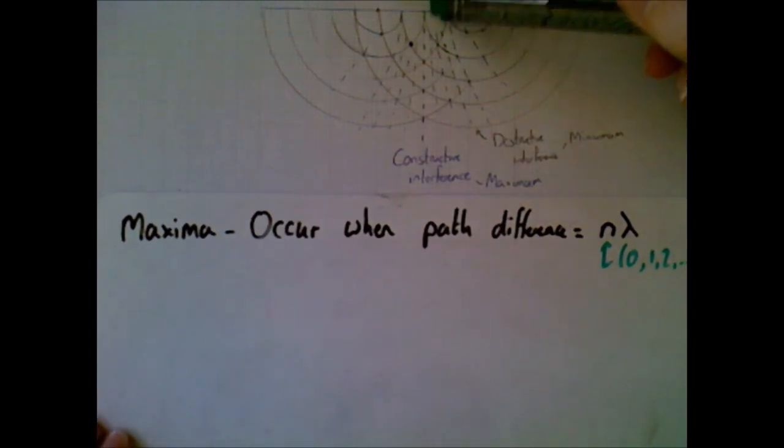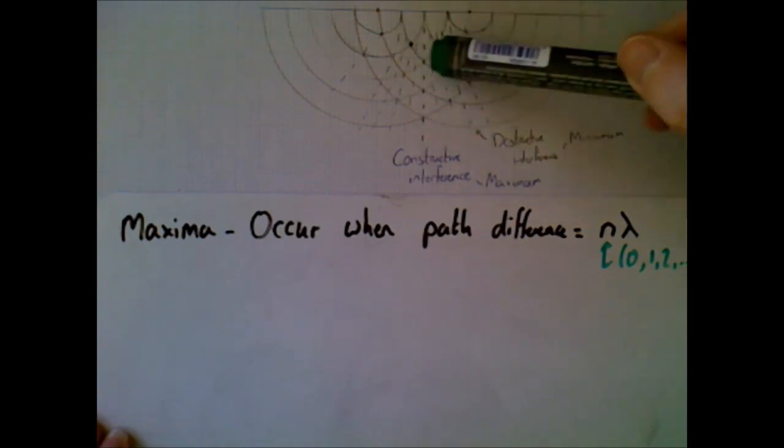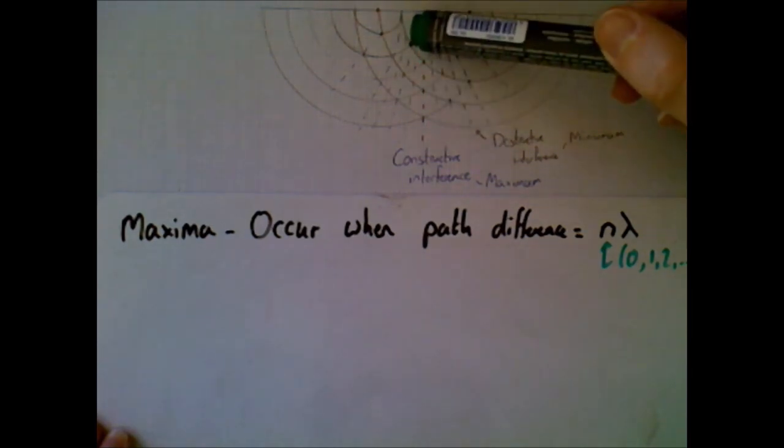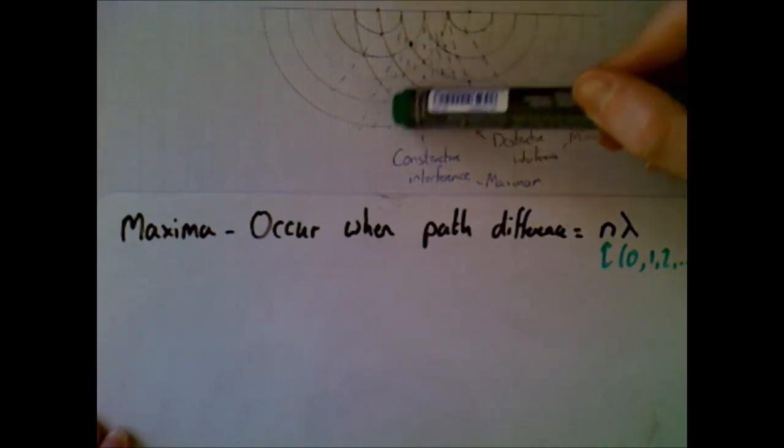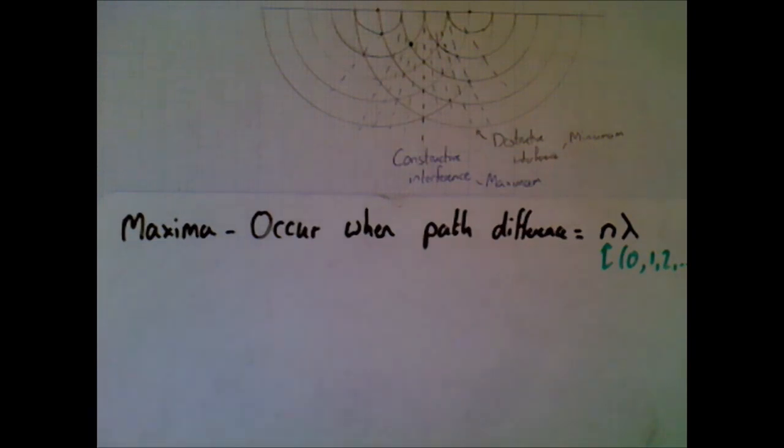This line down the middle here is where the path difference is 0. The next one out is where the path difference is 1 wavelength. The next one out, the path difference is 2 wavelengths, and so on. Remember, path difference just means the difference in distance between the paths of the 2 waves.